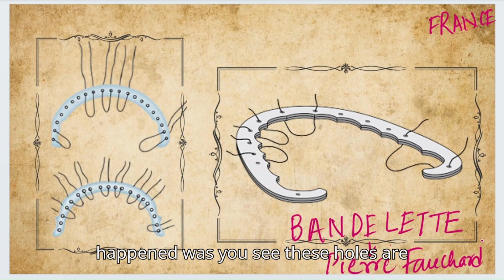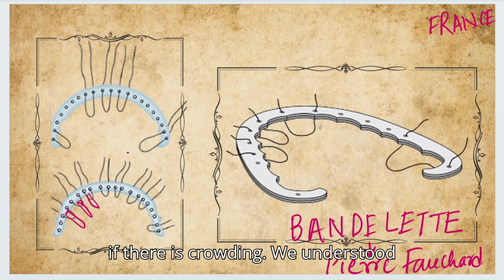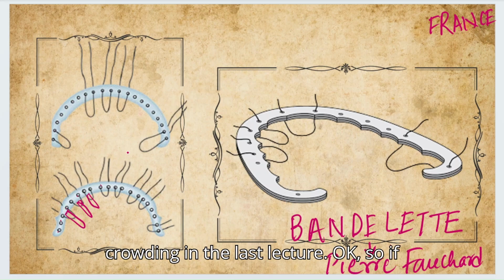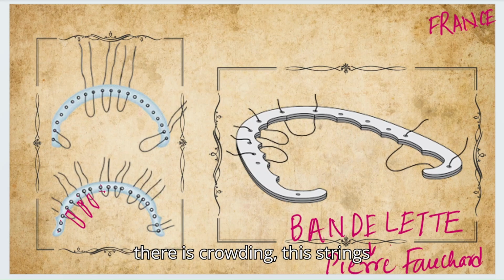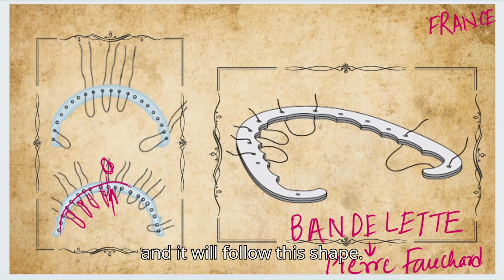Now what happened was, you see these holes are there, tooth will be in between this. If there is crowding, we understood crowding in the last lecture. Okay, so if there is crowding, these strings which are just around the teeth will be tightened from this end so that the teeth will move forward and follow this shape. Understood?